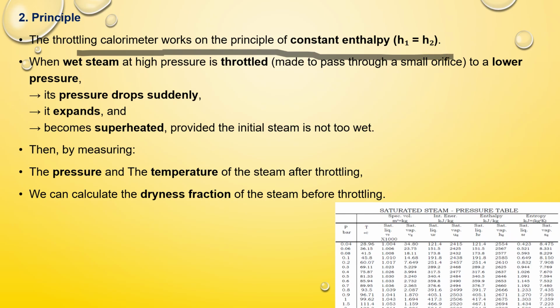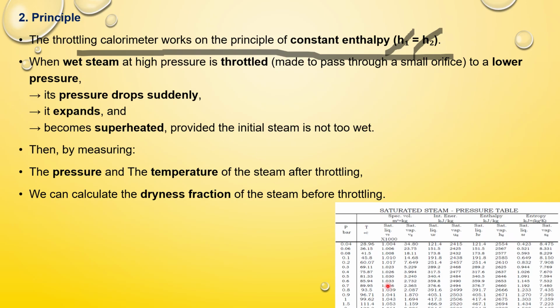So H1 equals H2, that is, enthalpy before throttling and enthalpy after throttling remain the same. Here, friends, what will happen is that the temperature of the steam entering is constant, but what you will observe is that when wet steam is passed through the throttle valve or throttle device or a small orifice, its pressure will drop suddenly. That will expand and it becomes superheated.